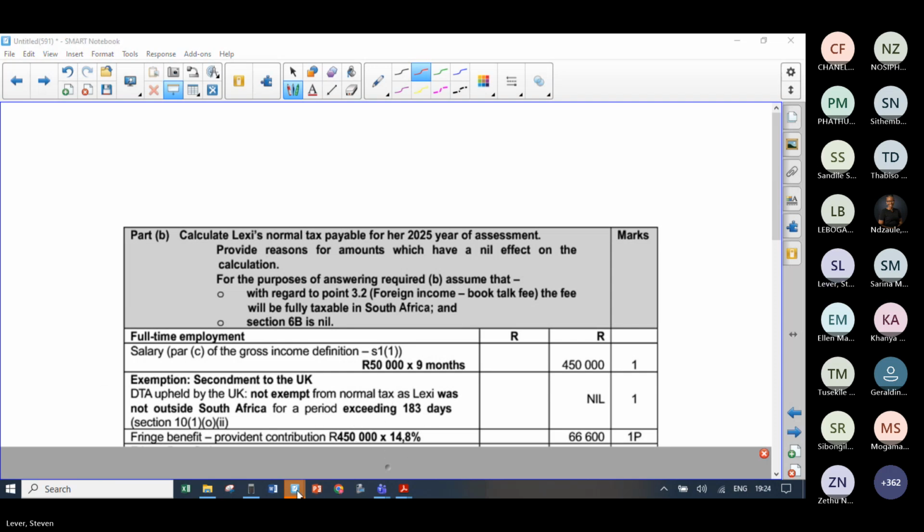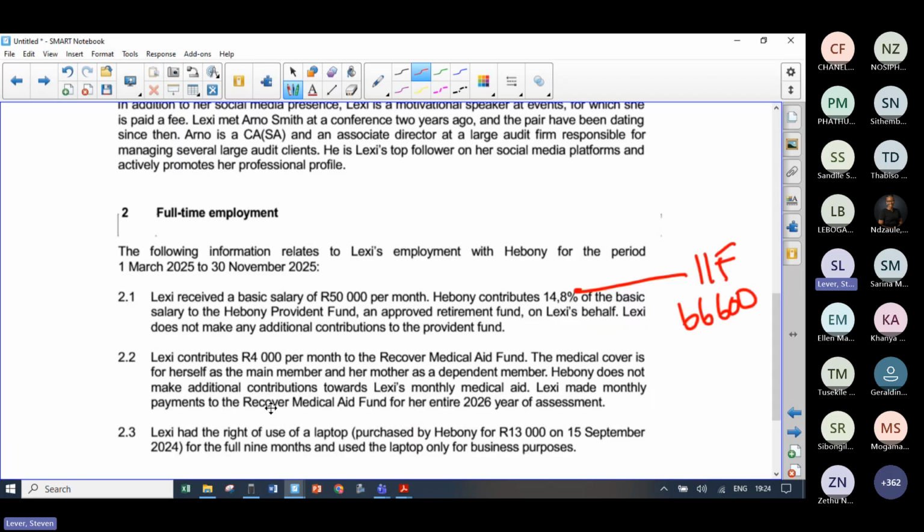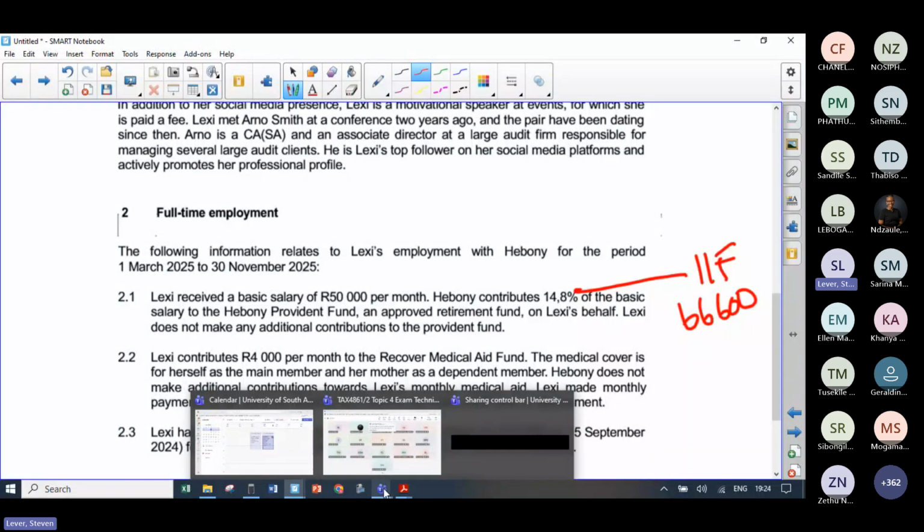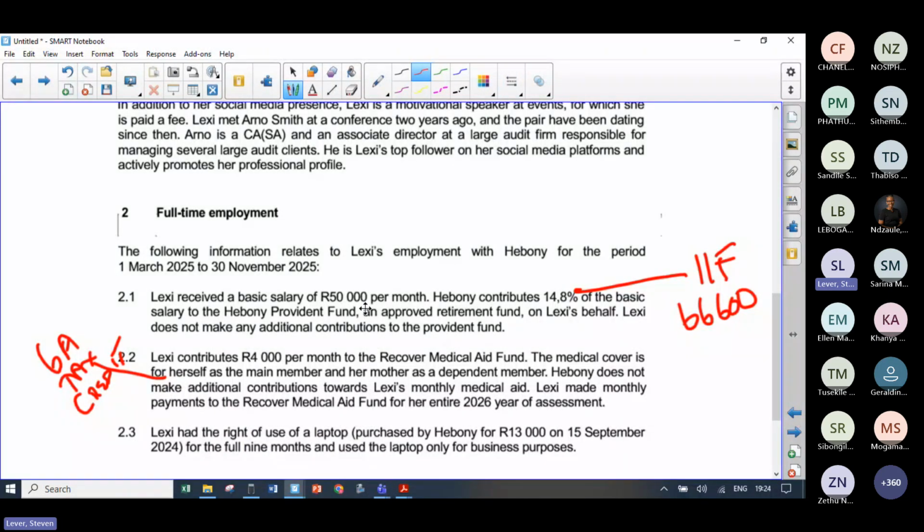Next one. It says Lexi contributes 4,000 per month to the Recover Medical Aid Fund. The medical cover is for herself as the main member, and her mother is a dependent member. So guys, this is for my 6A tax credit. Okay, and we're not going to do it now, we're going to do it later.